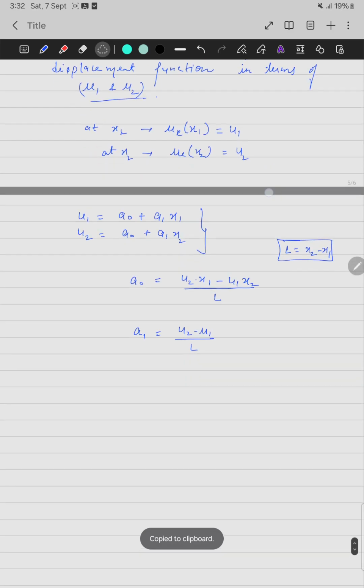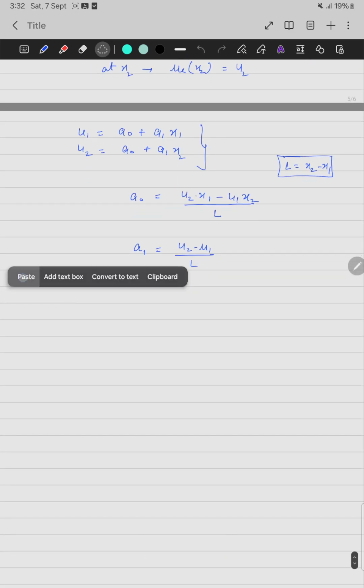I'm copying this equation here in general form, and I'm putting the values of a naught and a1 here.